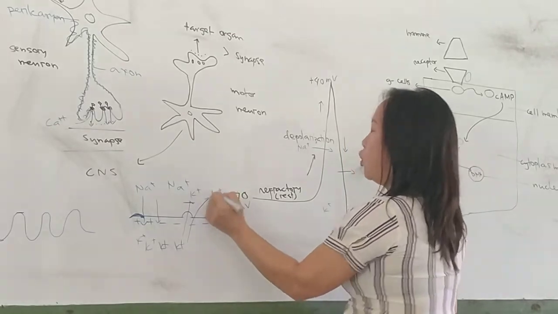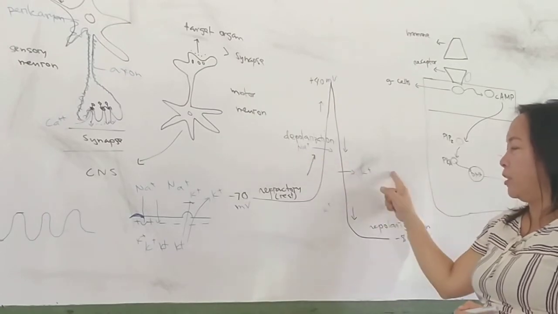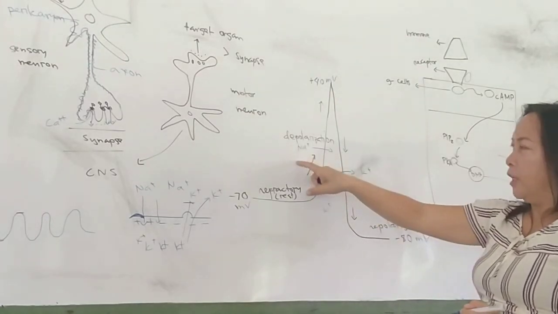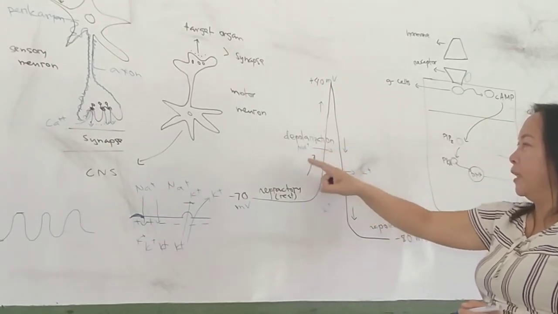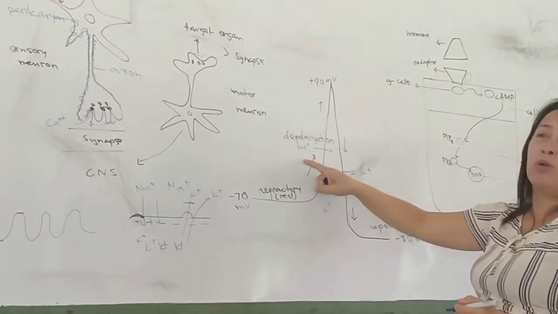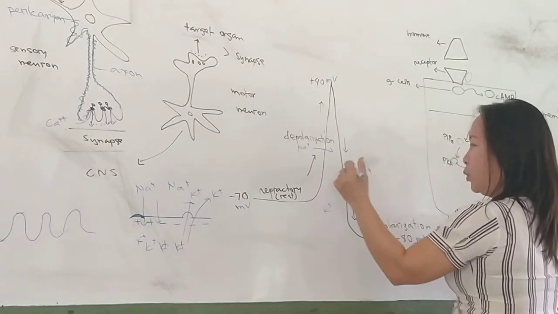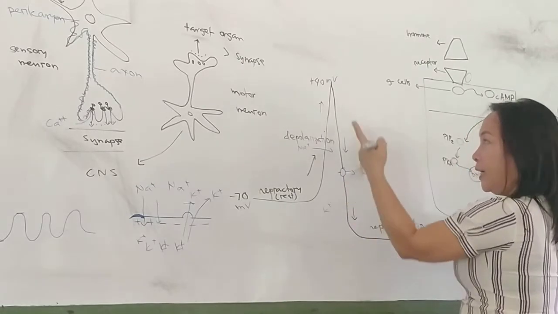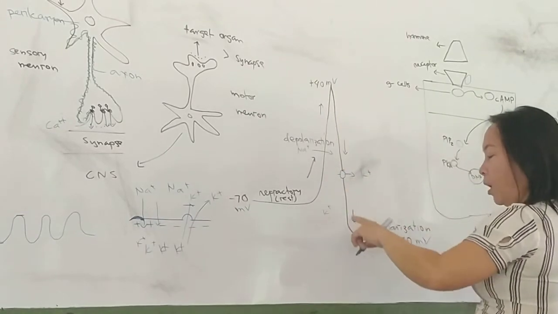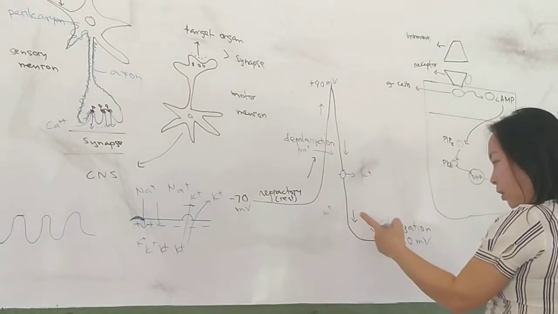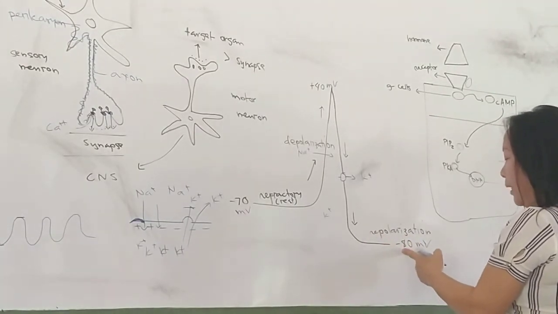The pumping of the sodium out is the downhill of the spike, and the opening of the sodium gate is the depolarization, the uphill of the spike. The opening of the potassium gate, I should say, is actually the repolarization. This is the time of the downhill of the spike, which we call repolarization. It reaches up to negative 80 millivolts.